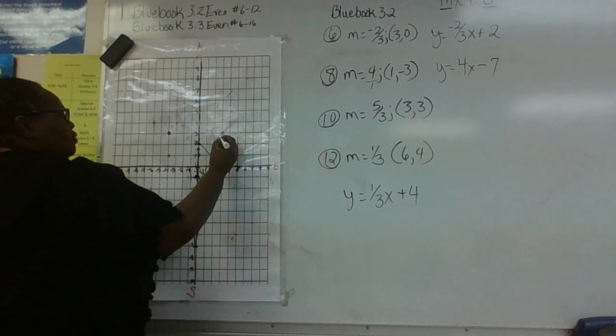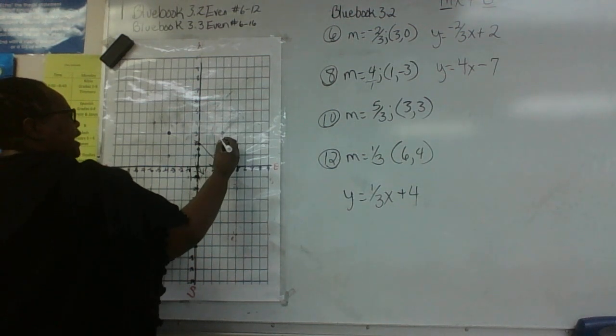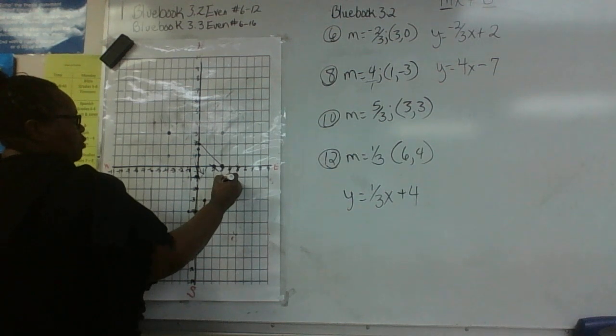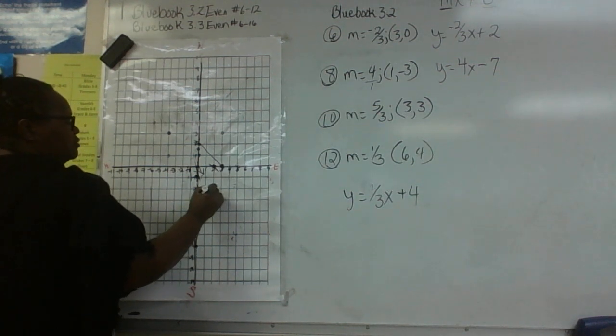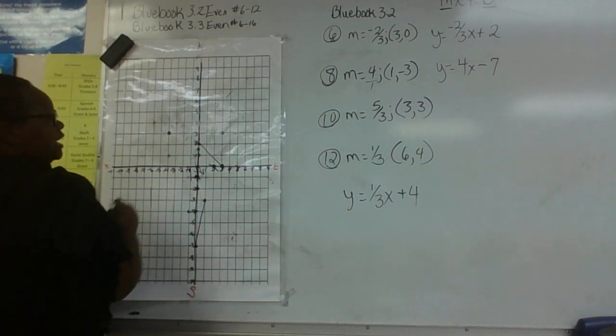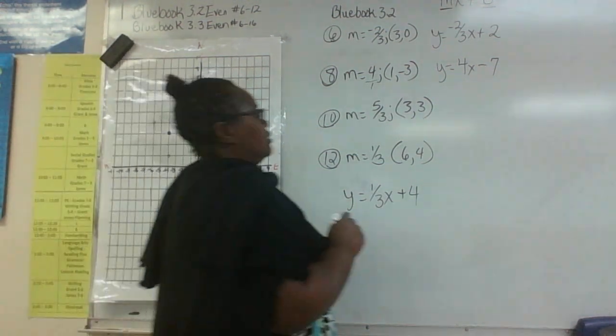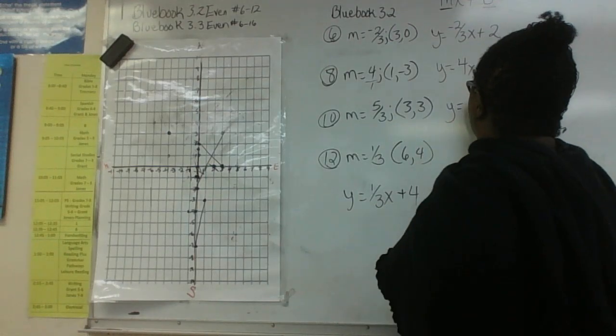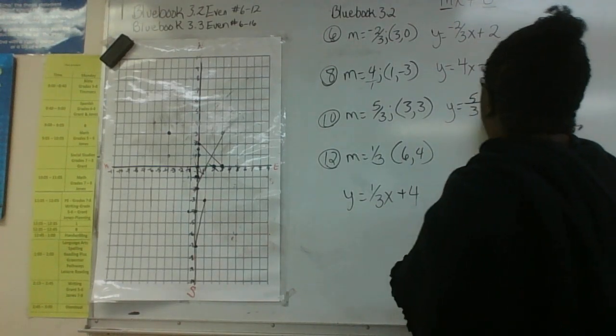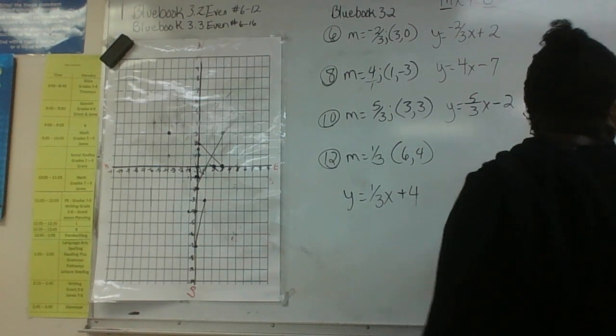Let's go. We want to get to this line as quickly as we can, so that's why we're doing that. 1, 2, 3, 4, 5. 1, 2, 3. There it is, a -2. And that is our intercept. So y is equal to 5/3 x minus 2. Okay?